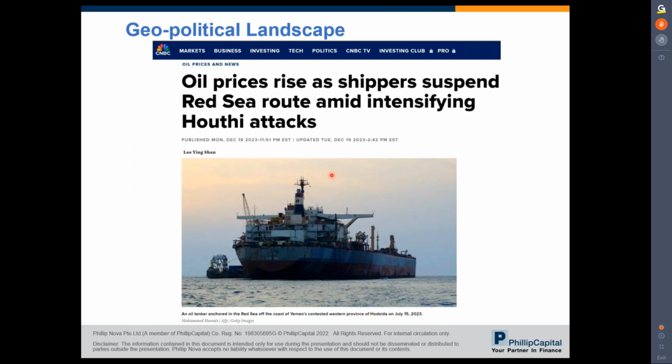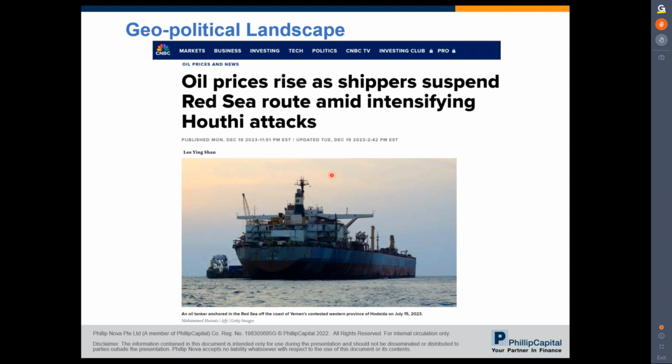So this Houthi group has been firing missiles and sending drone attacks on various ships that are sailing through that region. So a lot of shipping companies are actually rerouting to avoid this conflict, meaning that they are traveling a longer route.